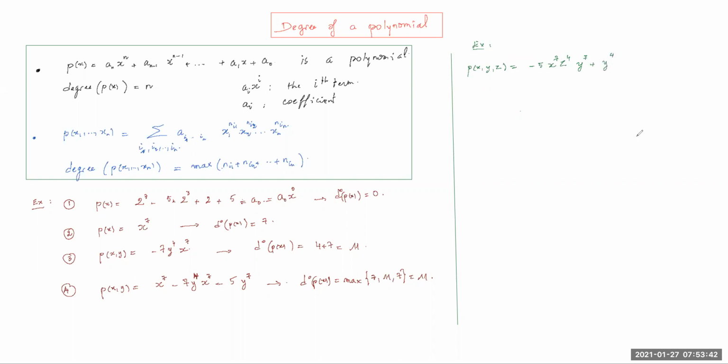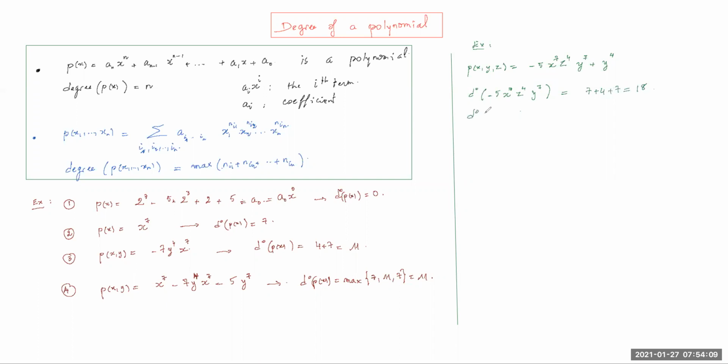Again, here I have two terms. Let's do it step by step. The degree of the term minus 5 x^7 z^4 y^7 will be 7 plus 4 plus 7. So it will be 14 plus 4, 18.